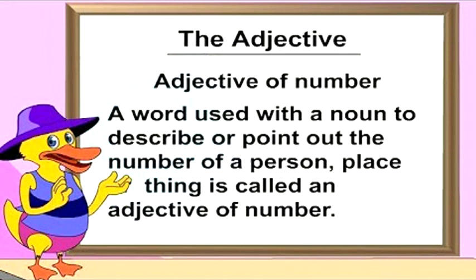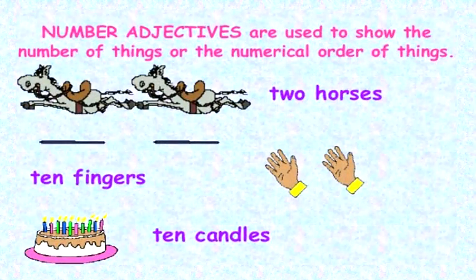So any word which tells us about the number of any persons or places or things, we will say that it is an adjective of number. Because the main thing is they are describing words. So they actually add information about our noun or pronoun and tell us the number of them. Right? They are used to show number of things.